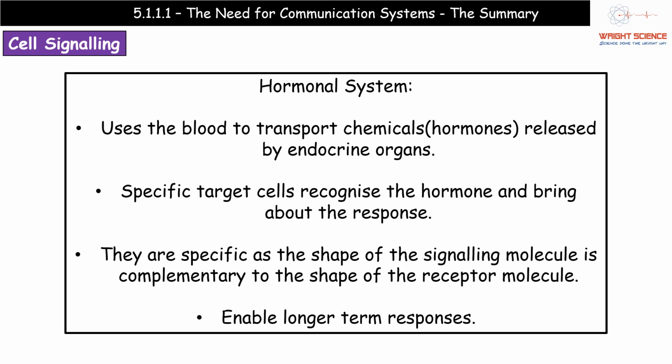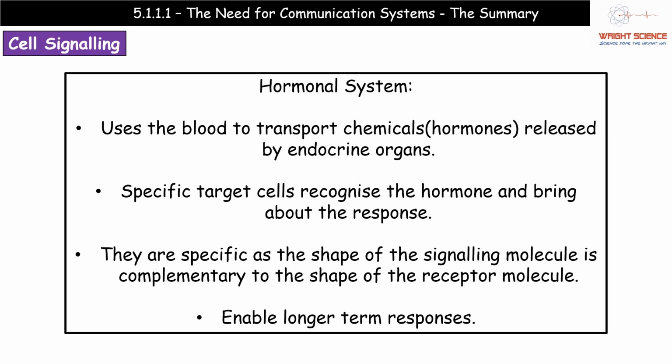On the other hand, we've got the hormonal system, which is using blood to transport those chemicals, typically hormones, which are released by the endocrine glands. Those hormones then travel through the blood to the target cells, which have the receptors for that particular hormone, and then we will get a response to its presence.